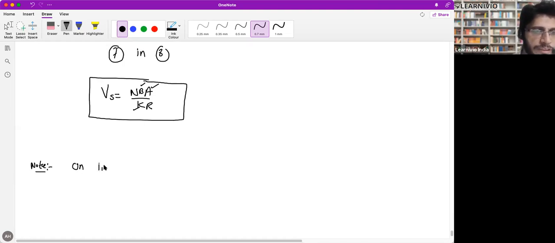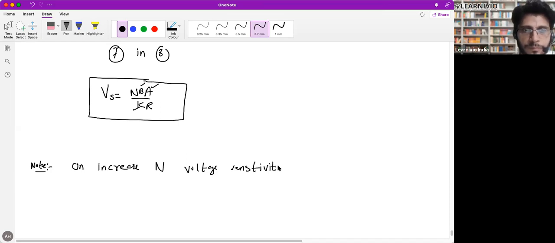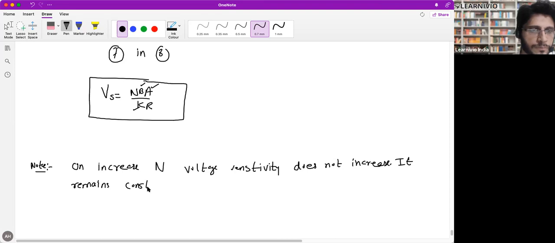On increasing N, number of turns, voltage sensitivity doesn't increase. It remains the same.